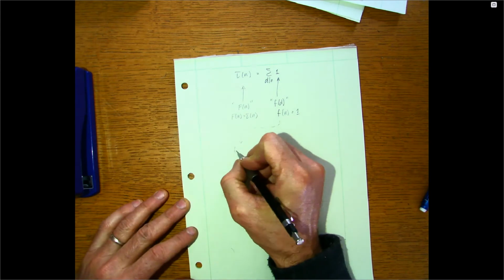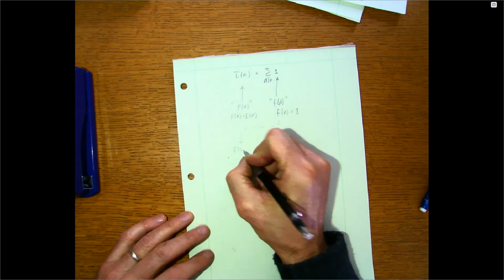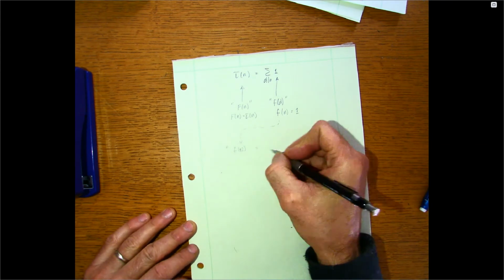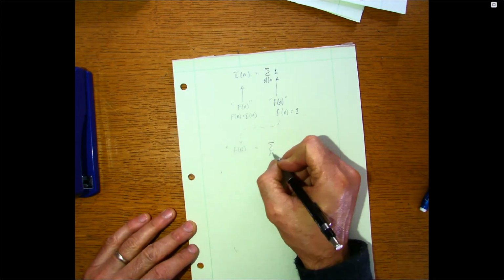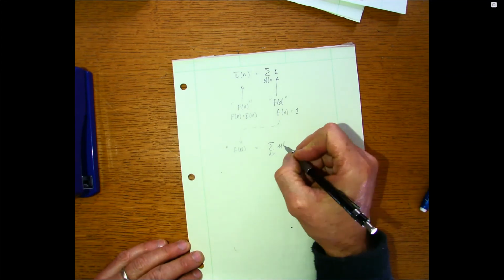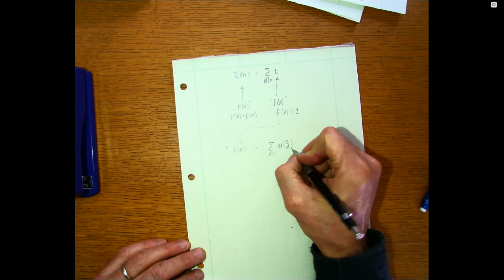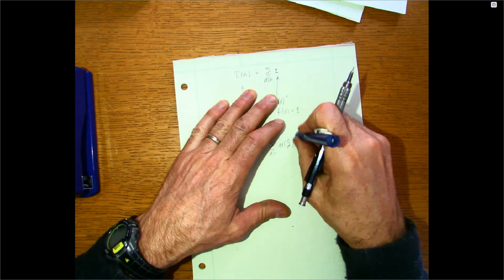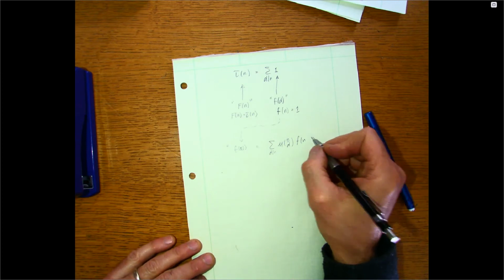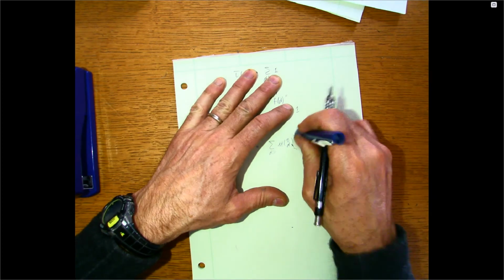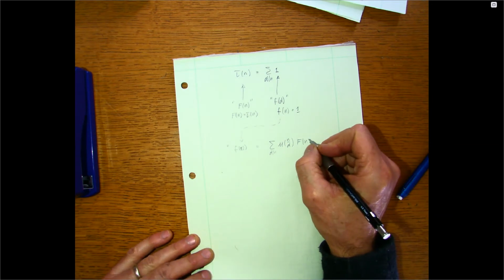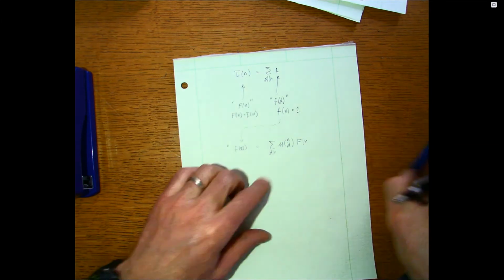This says that f of n, again in quotes, is equal to the summation over all divisors d of n of mu of n over d times big F of d.